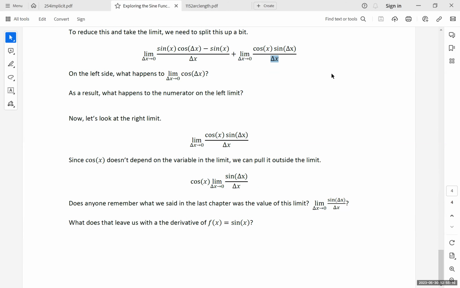So this term becomes cosine x because these become 1. And then the rest of this whole thing becomes 0 because it's sine x times a limit, which itself goes to 0. So what we end up with is cosine x.